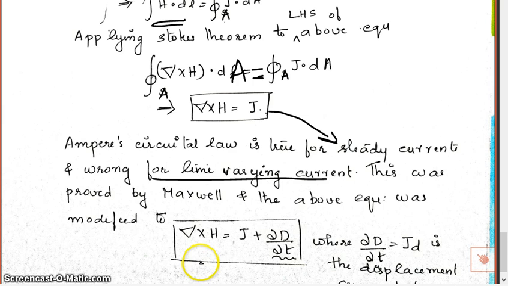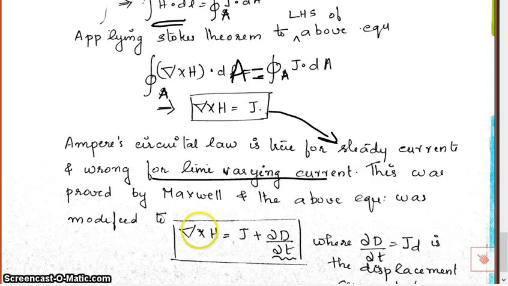What Maxwell did was slightly modify the equation so that it suits both steady current and time varying current.